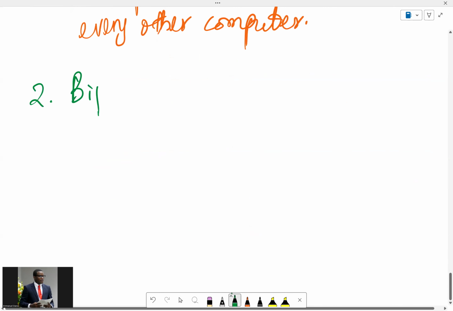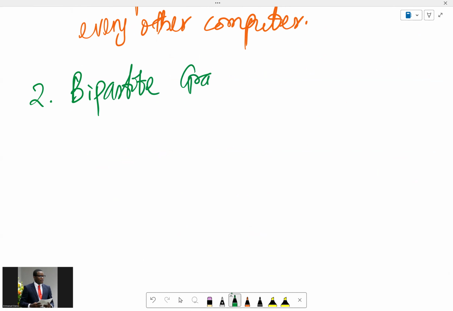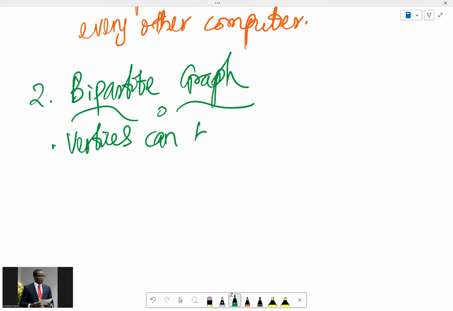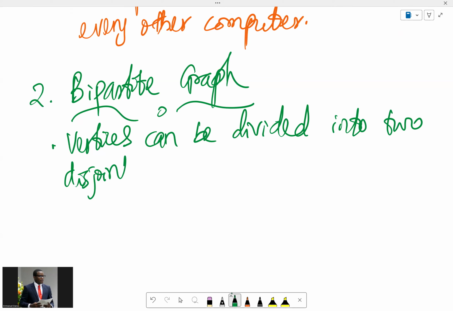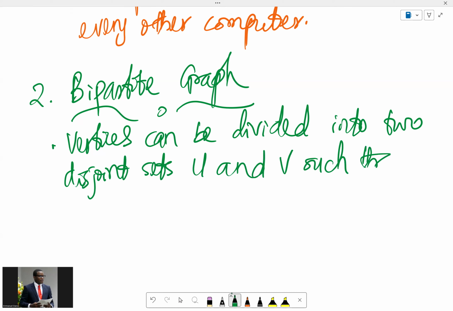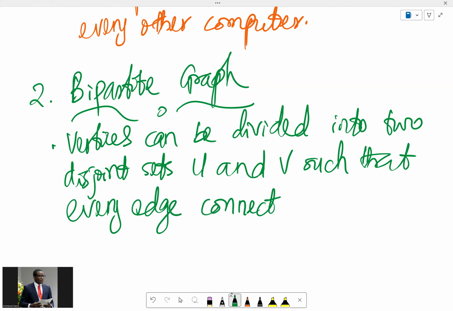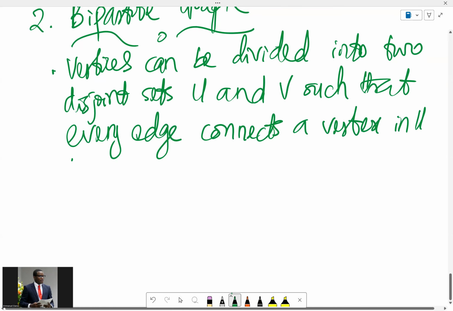For a bipartite graph, the vertices can be divided into two disjoint sets, U and V, such that every edge connects a vertex in U to a vertex in V.